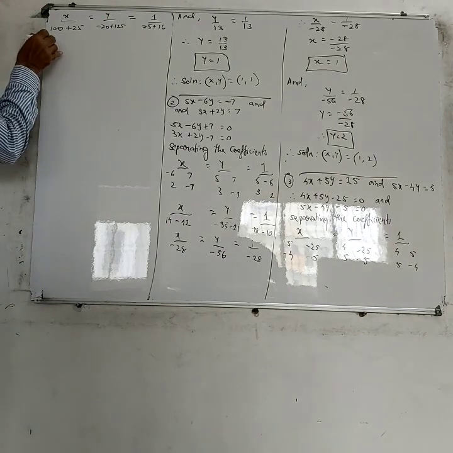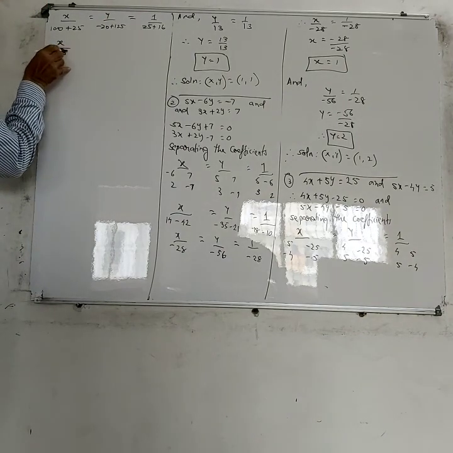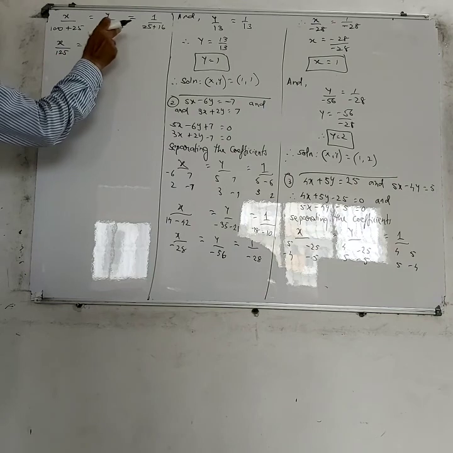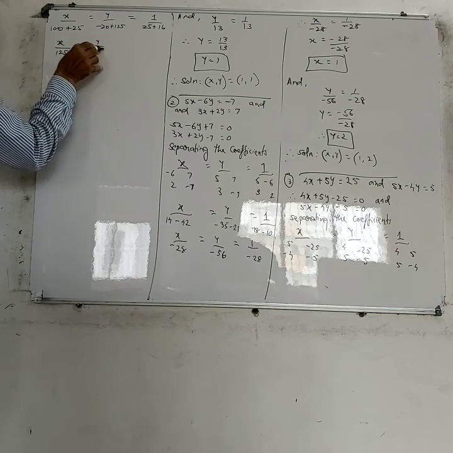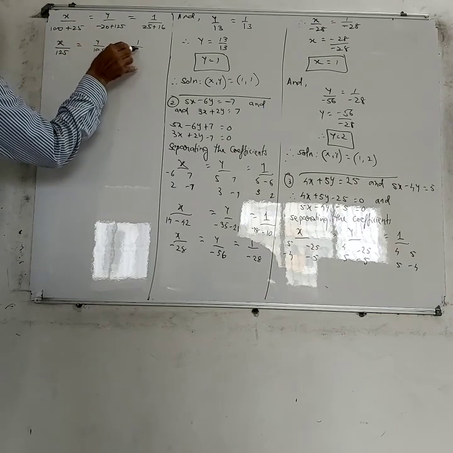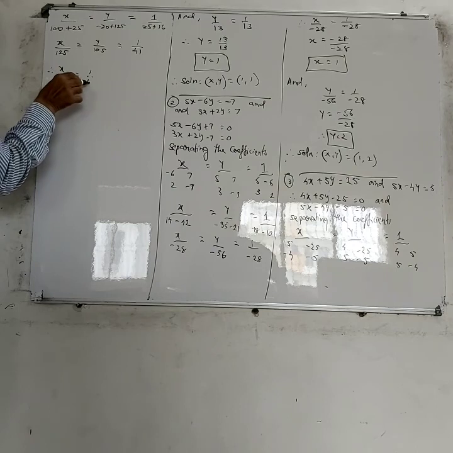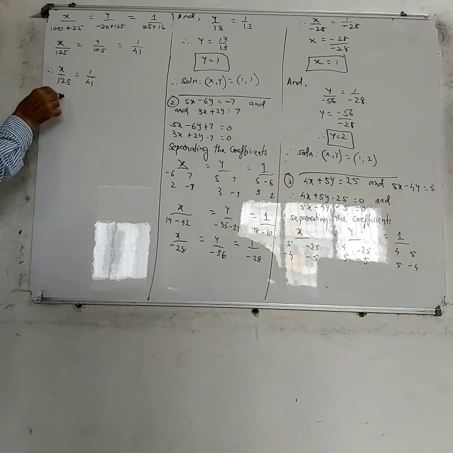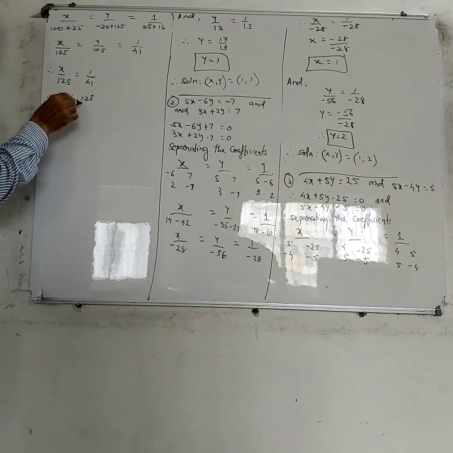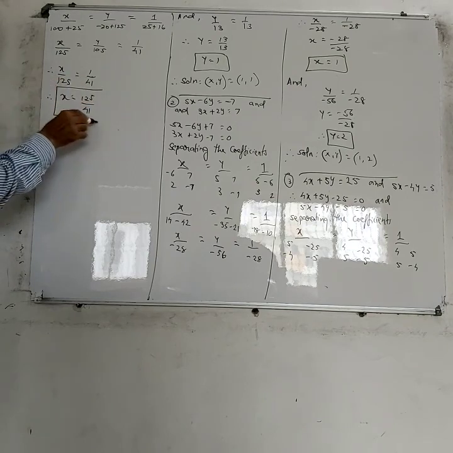Alright, so I get x upon 125, y upon minus this is 105, 1 upon 25 will become 41. Therefore, x upon 125 is equal to 1 upon 41. Therefore, x is 125 upon 41.